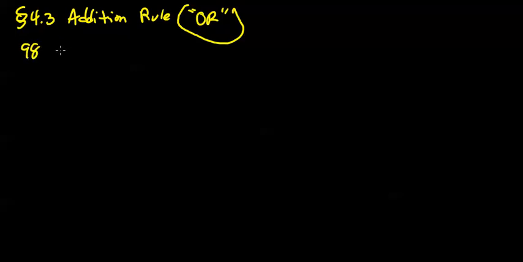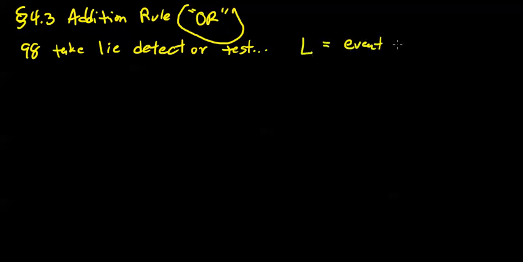Let's say 98 people take a lie detector test, perhaps as a condition of employment. And let me get some notation down here. I'm going to let L be the event that a randomly selected person lies during this lie detector test.